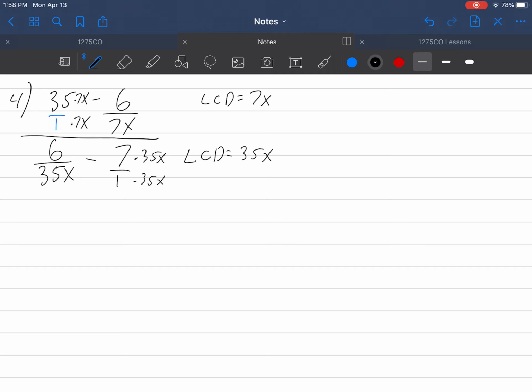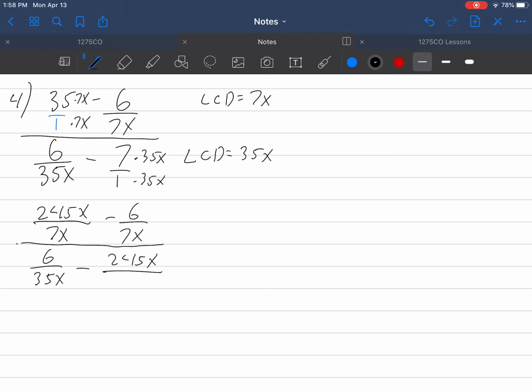So let's go ahead and do this out. 35 times 7x is going to equal 245x over 7x minus 6 over 7x divided by 6 over 35x minus 7 times 35x is 245x over 35x.